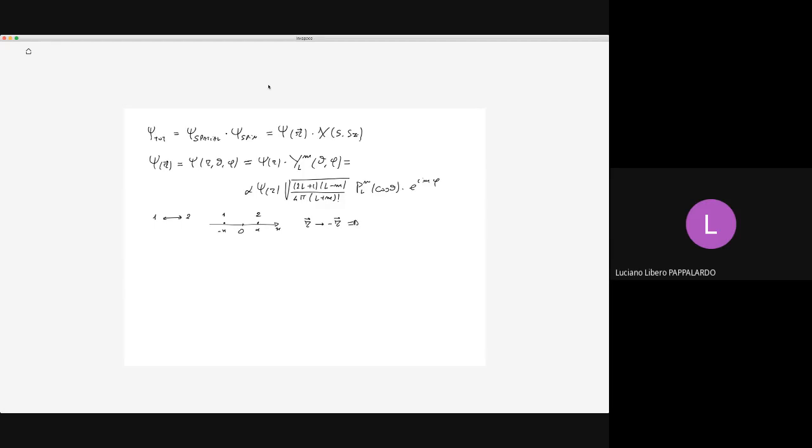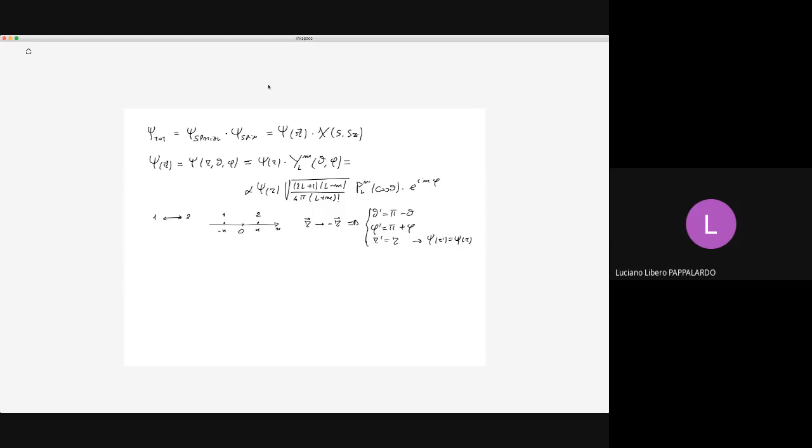So once you do this in space, you move from r to minus r. In terms of the polar coordinates, this implies that theta prime is equal to pi minus theta, phi prime is equal to pi plus phi, and the radial component remains unchanged. So from the last part, we see already that psi of r prime is just psi of r. There is no difference. The difference occurs on the polar angles.